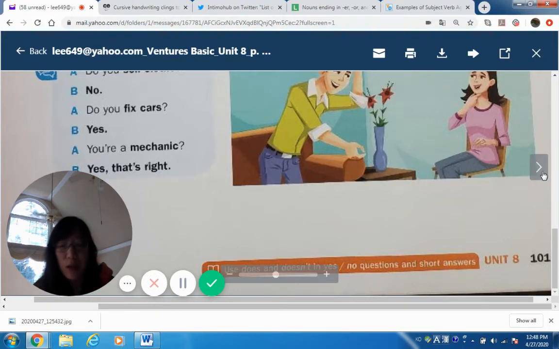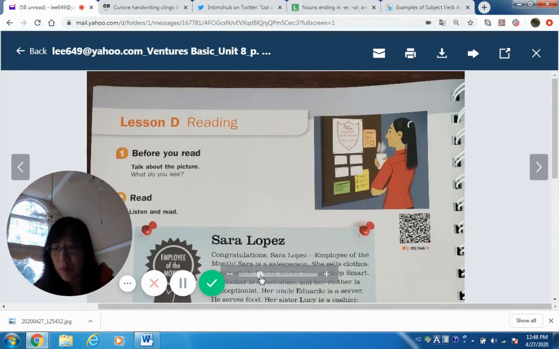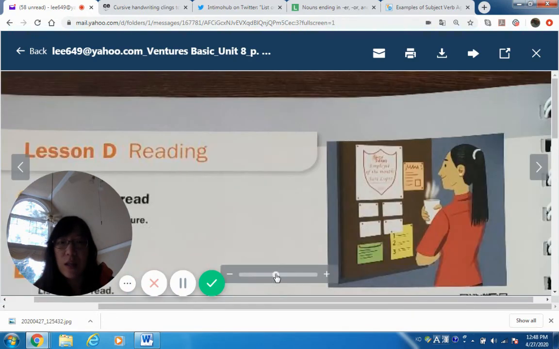Now let's turn to page 102. Before you read, talk about the picture. What do you see? I see a girl with a ponytail. If you tie it in one, call it a ponytail.